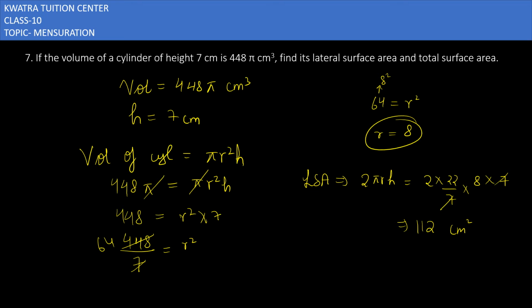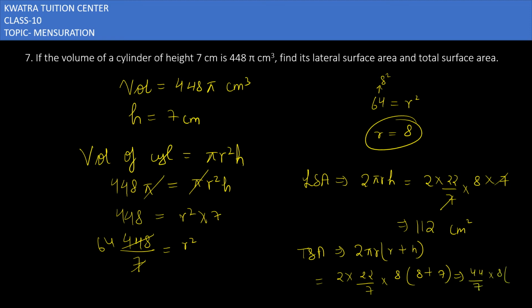Then in the last one you have to find the total surface area. So total surface area is equivalent to 2 pi r times r plus h. Now putting all the values in it, pi is 22 over 7, then r is there which is 8, and then you have 8 plus h. H in this case is 7, so you have 44 over 7 into 8, in bracket 8 plus 7 will be 15.